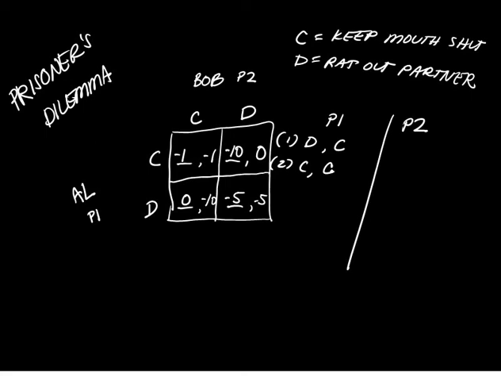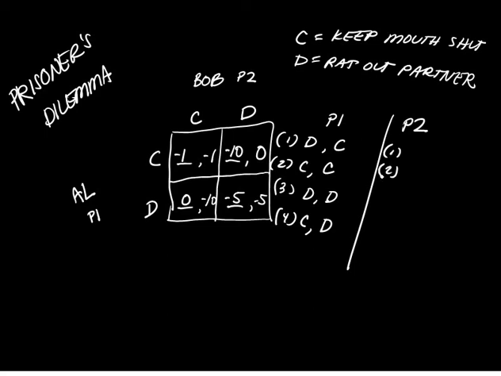In the second best case scenario, he only spends 1 year in jail. The third best case scenario is for both of them to rat each other out because he would spend 5 years in jail. And the absolute worst possible outcome for him would be to keep his mouth shut while his friend Bob ratted him out, in which case he would serve all 10 years and Bob would get away scot-free.